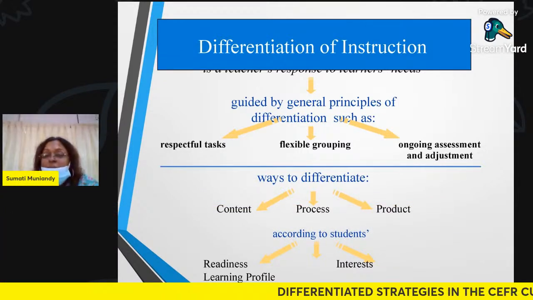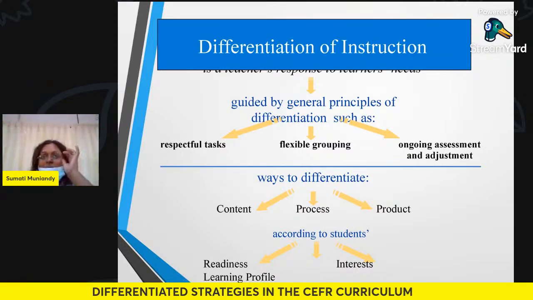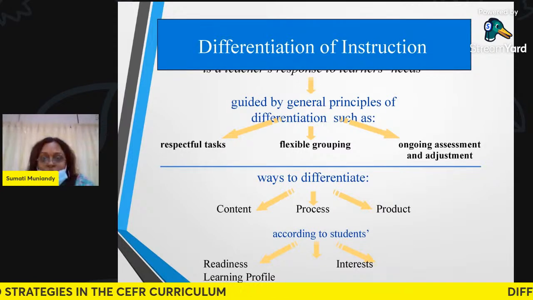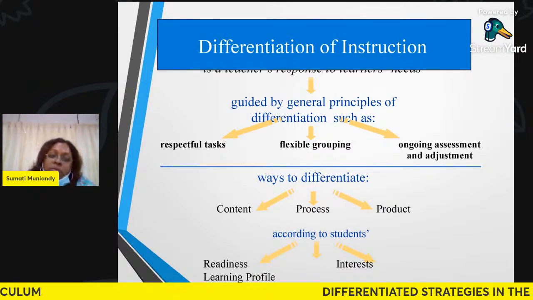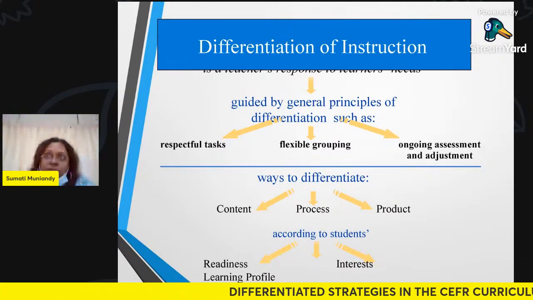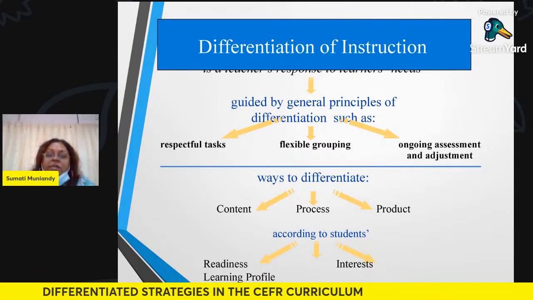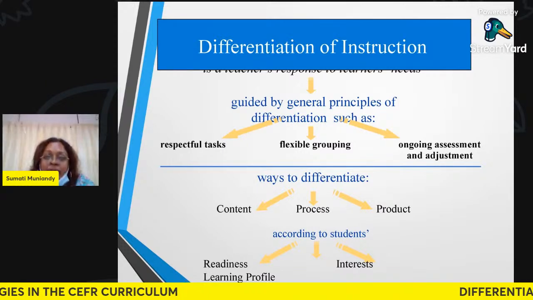Yeah, grouping is a must, because students learn best when they are paired with their friends, in groups. All right, this is one of the key things when you talk about formative assessment. Formative assessment relates to CFR, of course. Differentiated strategies and formative assessment are linked to one another in the CFR curriculum. So you got to know that.